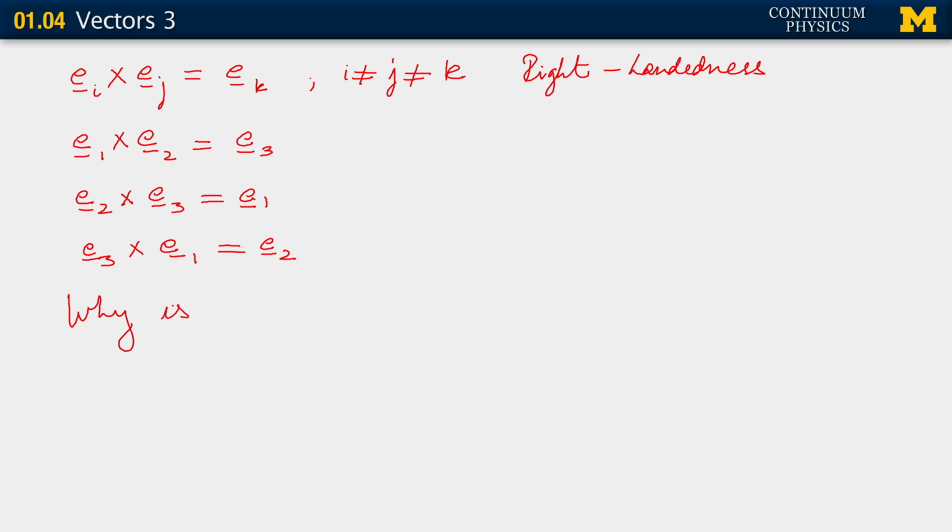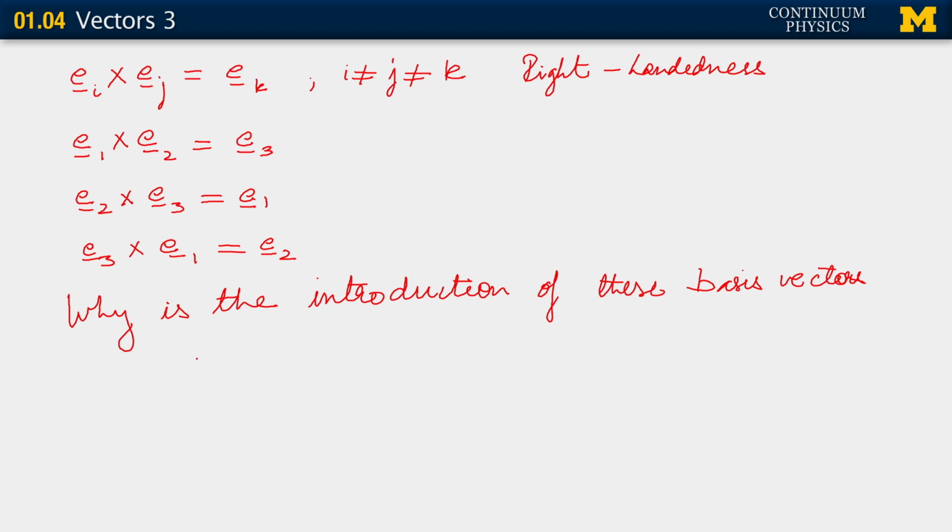Why is the introduction of these basis vectors useful? Think about that for a second or two, and we'll pick up the answer right away.